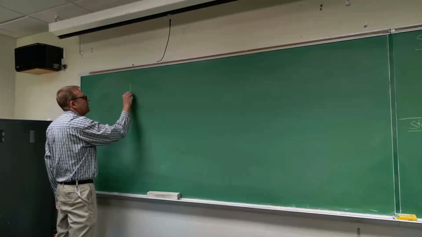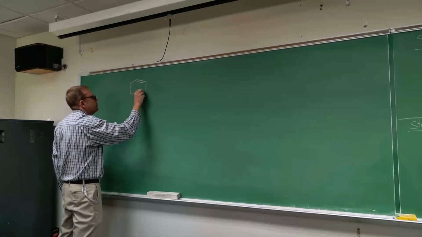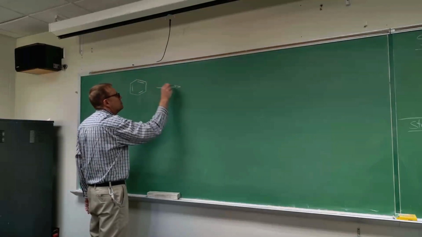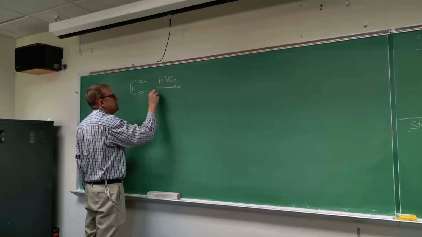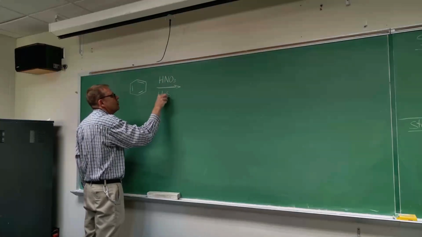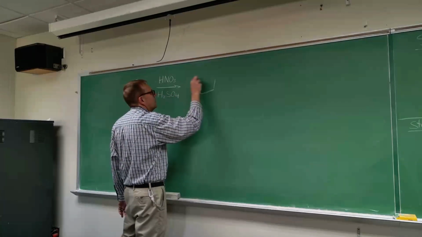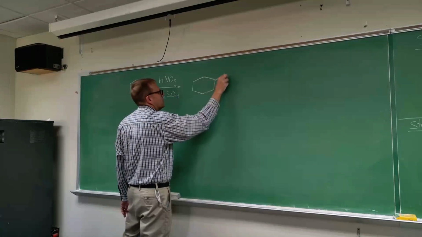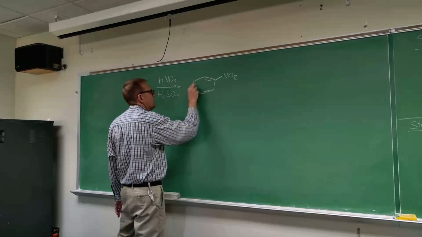You start with an aromatic ring. And what gets mixed in with the ring is nitric acid and sulfuric acid. This is usually the way it's done. And what comes out of this, it's not a balanced equation that I'm writing here, but this is the product of interest. This is nitrated benzene.